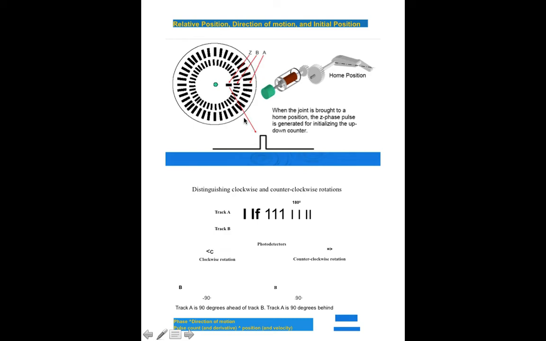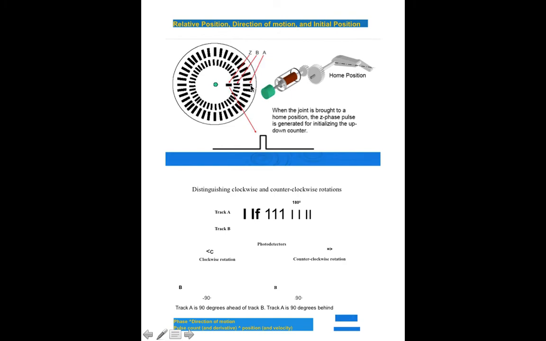Next is how to understand a system rotating in a counterclockwise or anti-clockwise direction. In this situation, the middle track B is leading and the outer track is lagging.